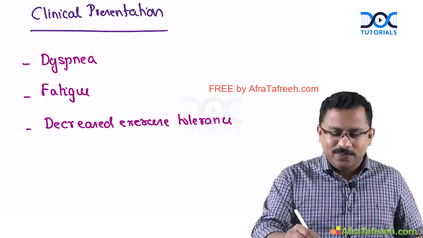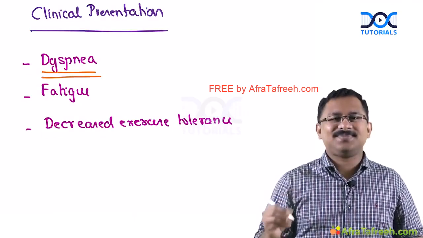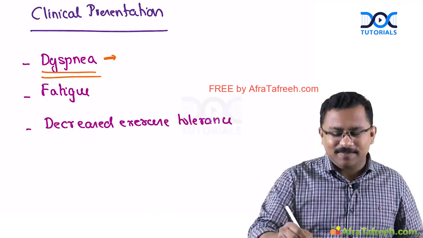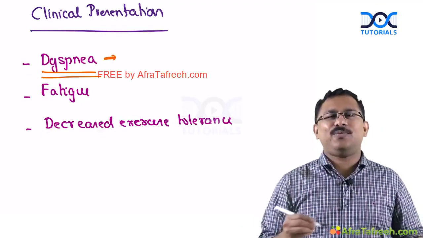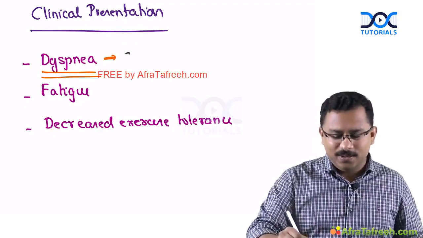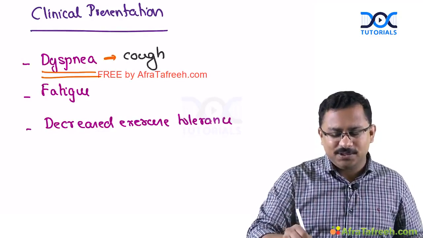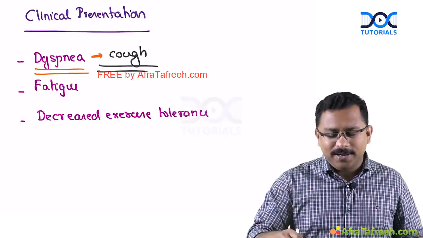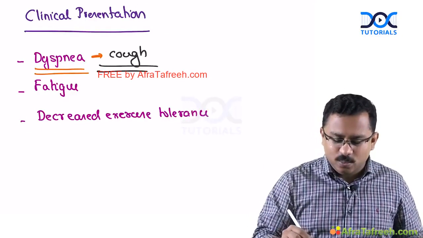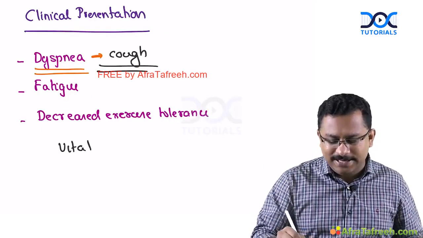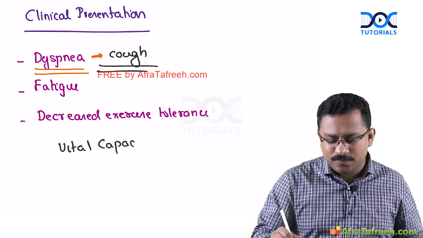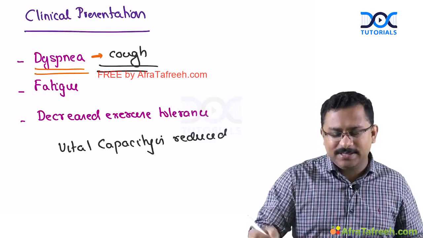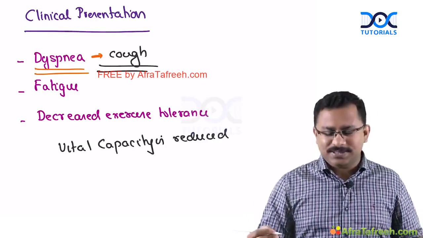The dyspnea might be associated with cough and maybe wheezing also. And very importantly, please understand that the vital capacity is reduced in mitral stenosis.